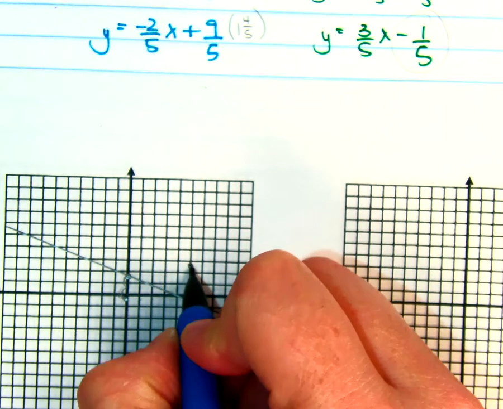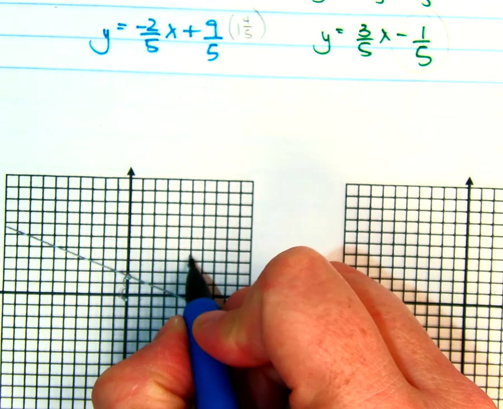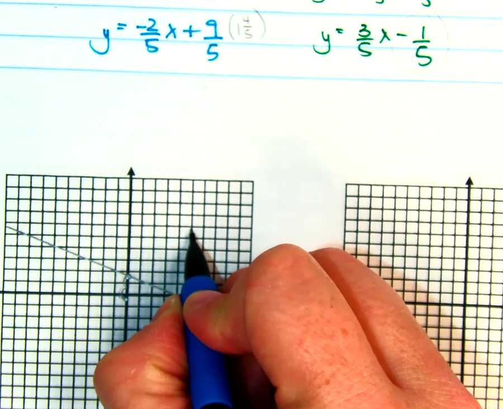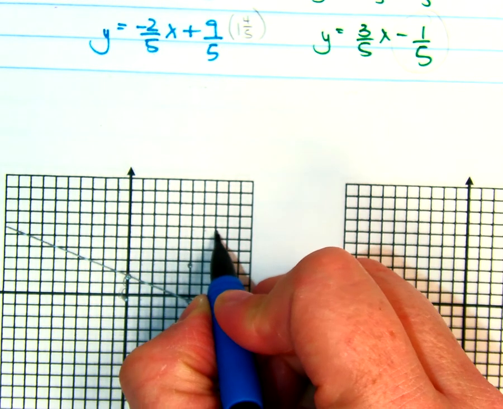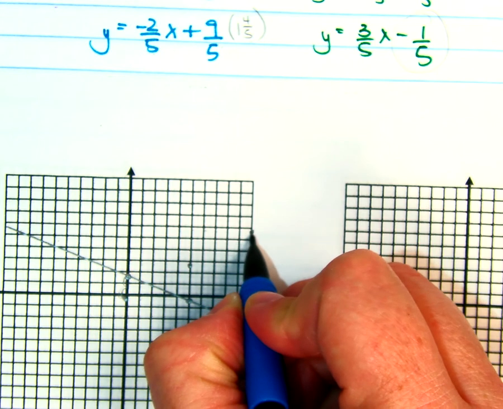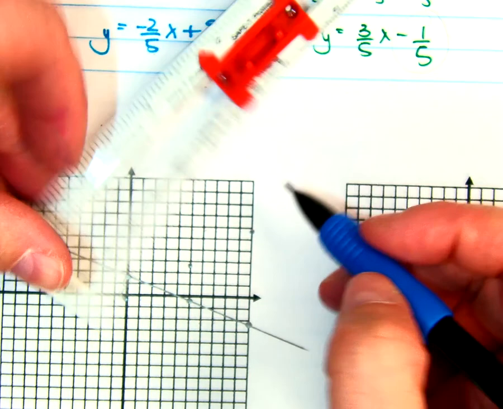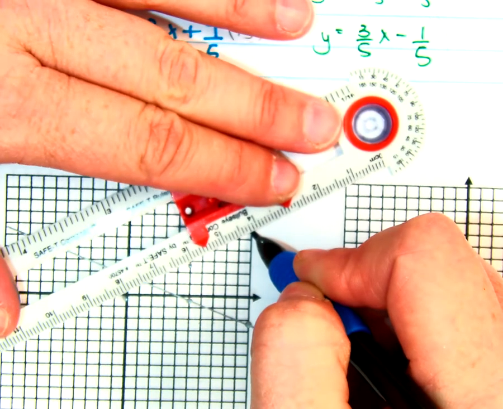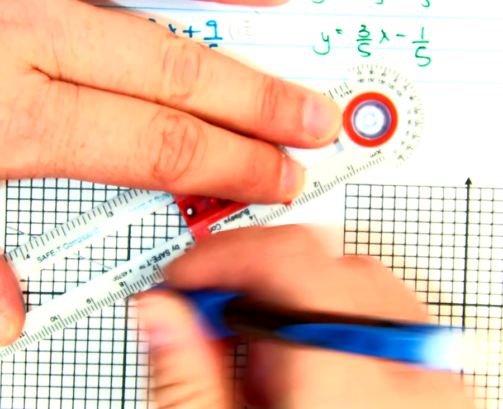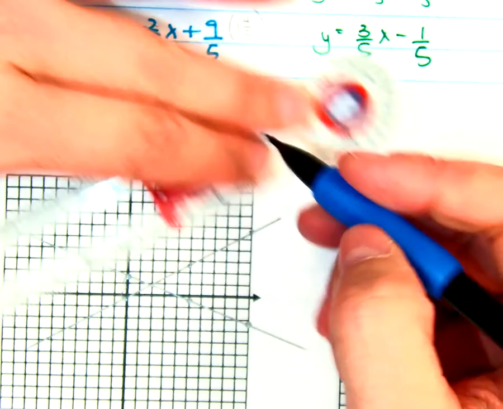Do that again. Up 3, 1, 2, 3, and to the right 5. Okay, so I'm going to very carefully graph.